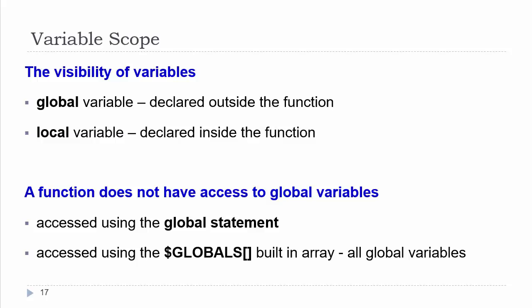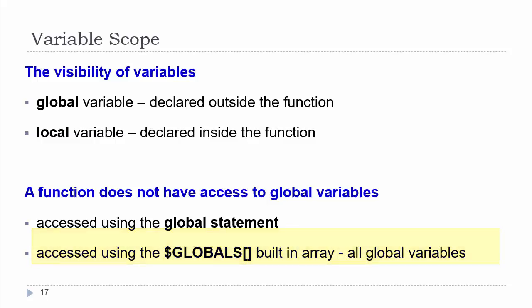However, in most other programming languages, global variables are accessible everywhere. That is not the case with PHP. A function in PHP does not have access to global variables. Therefore, should we wish to have access to them inside a function, we need to use either the global statement or the $GLOBALS built-in array.